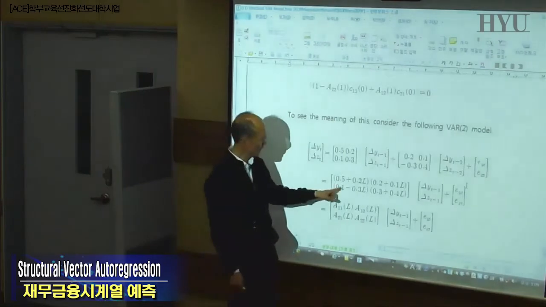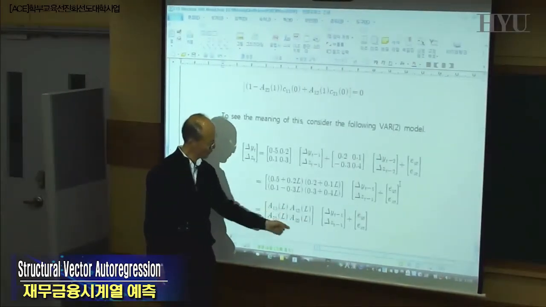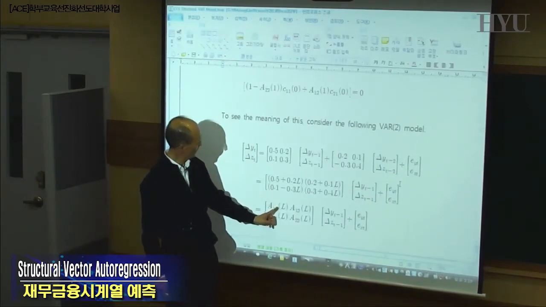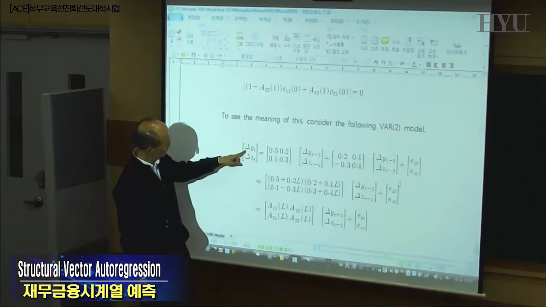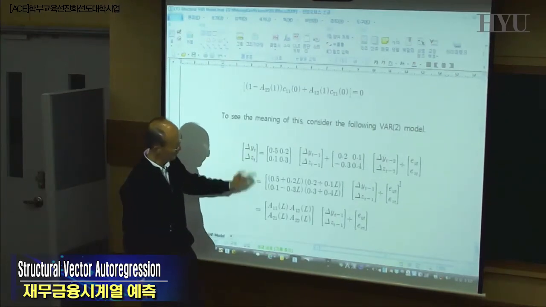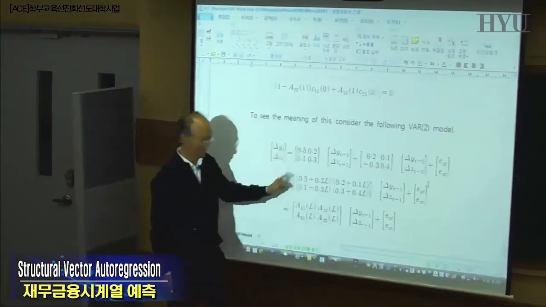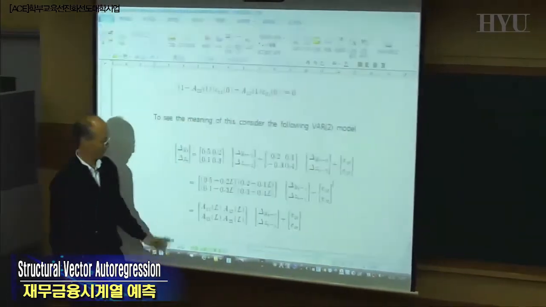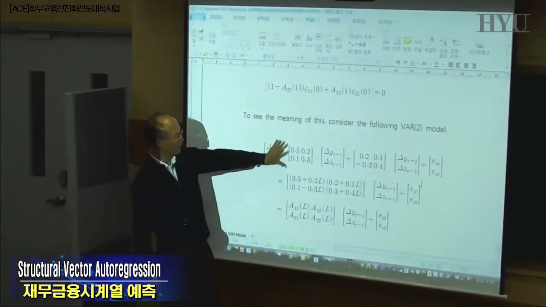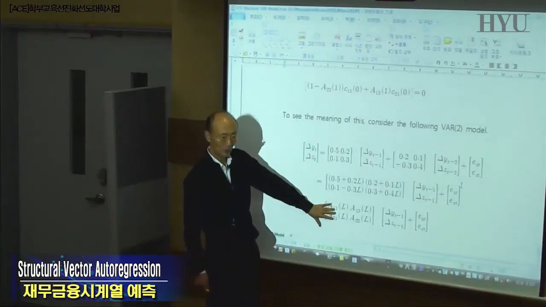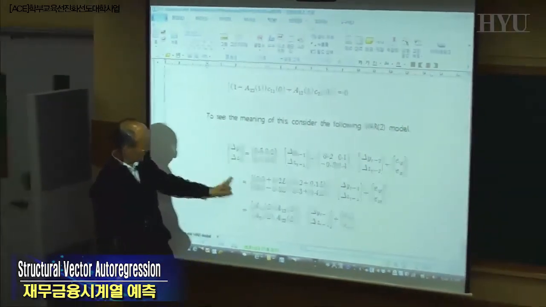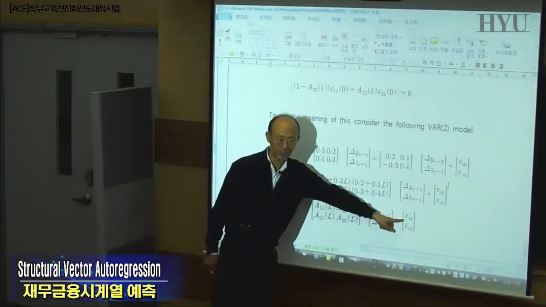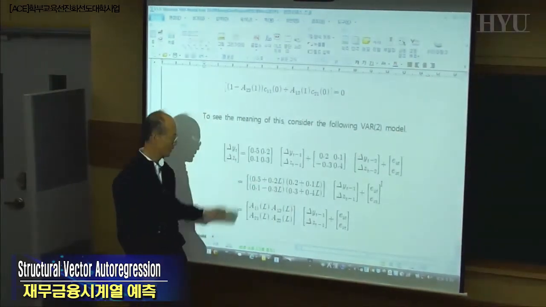So by defining this part as a matrix polynomial in this way, you can write the relation between xt and xt minus 1, not having xt minus 2. This is simply rewriting this equation in terms of this. Right? So xt equals A of L xt minus 1 plus et. So that was the previous setup. Okay?